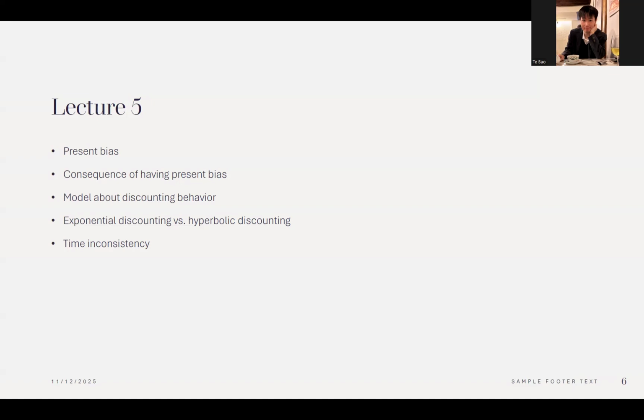But traditional economics normally assumes exponential, or constant, discounting: the discount rate between today and tomorrow is delta, between tomorrow and the day after also delta, two days later, three days later, also delta, and so on. But present bias refers to the situation where the discount rate may be different across the days.